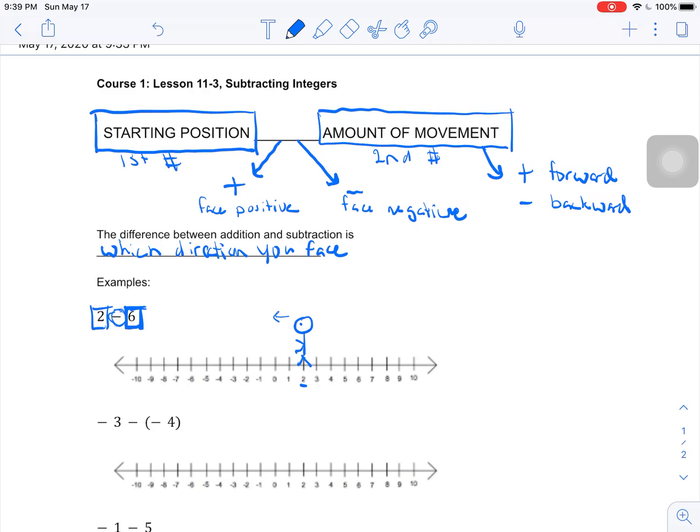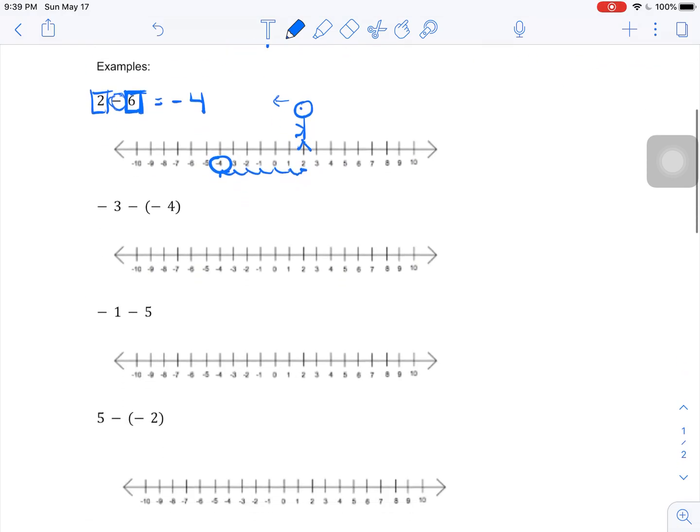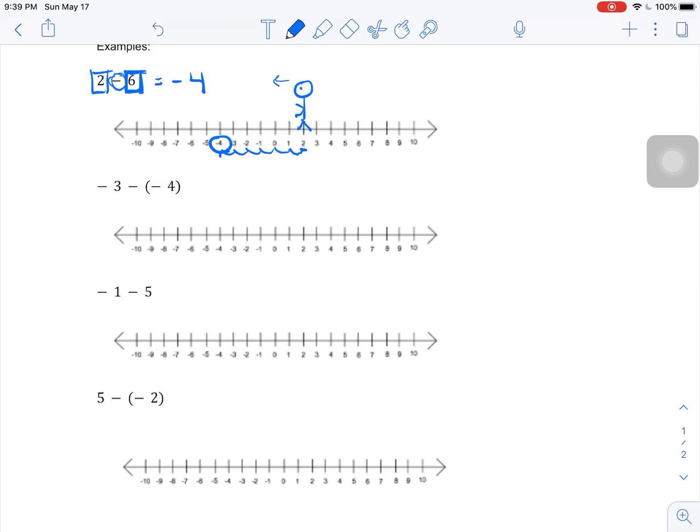We need to walk in front of us. So because we turned around, walking forward is now going to send us the opposite direction as it did when we added. So we're going to walk forward 6. So we're facing the other way now. So I have to go this way. 1, 2, 3, 4, 5, 6. That's going to land me at negative 4. So that means 2 minus 6 is negative 4.